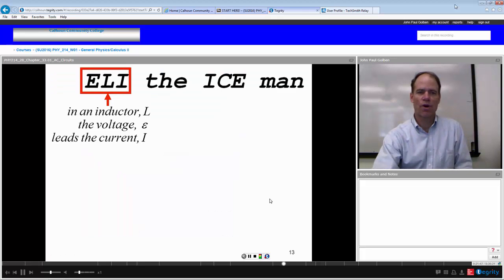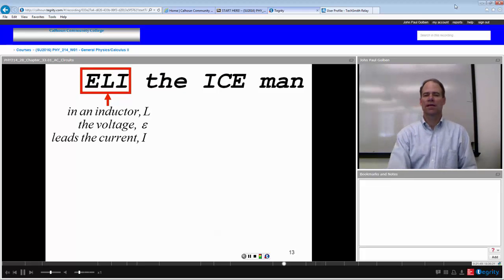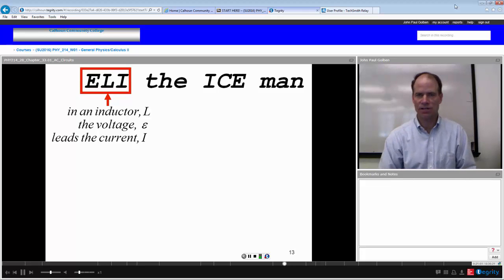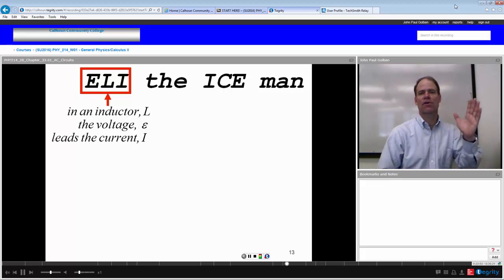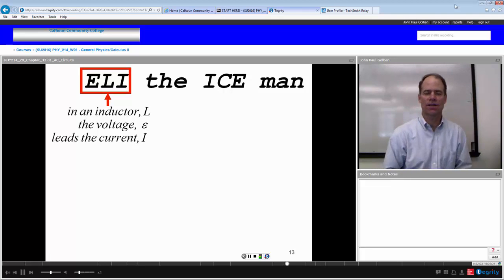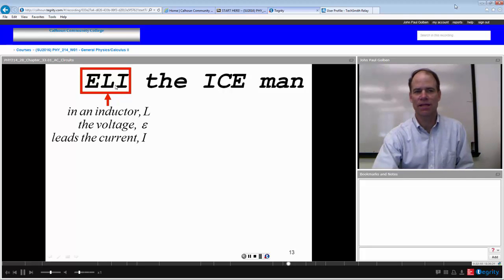So we have a problem with inductance and capacitance in an AC circuit as far as phase relationships. In an inductor, the voltage, which we might call the EMF, leads the current. The voltage comes first and then the current follows. We can remember that by using ELI the ICE man. ELI meaning EMF comes before current in an inductor.